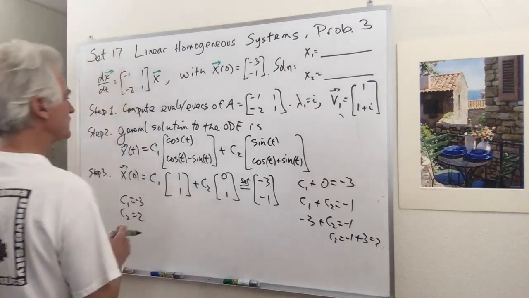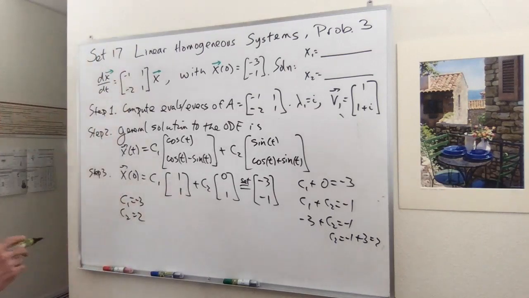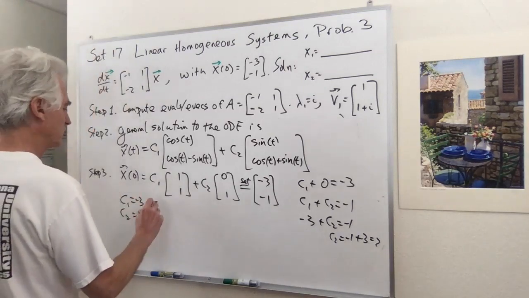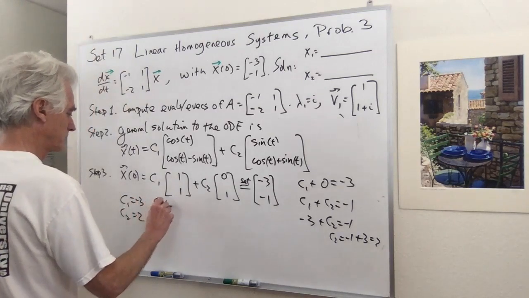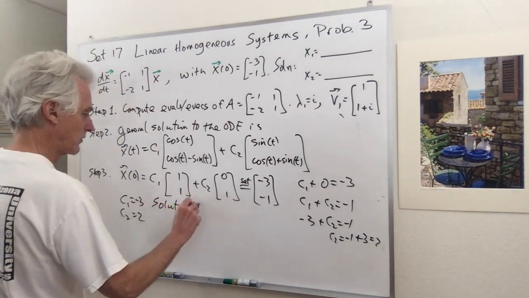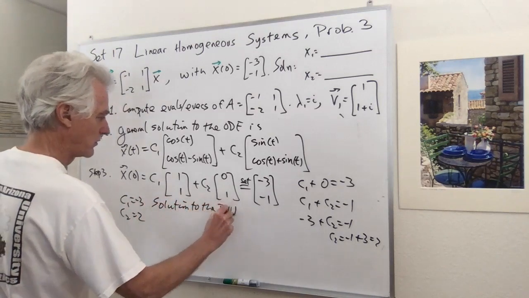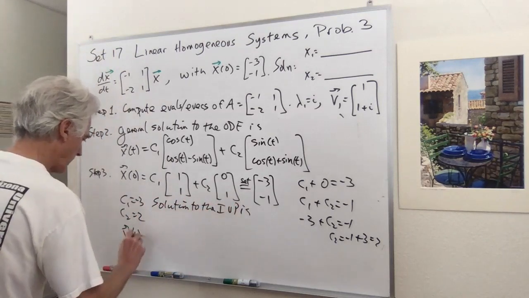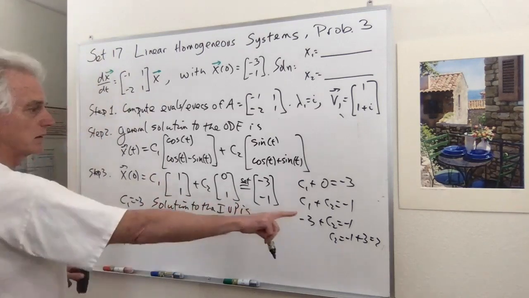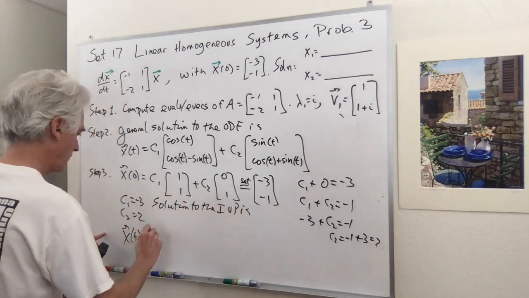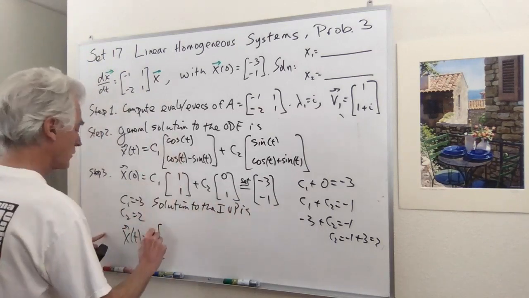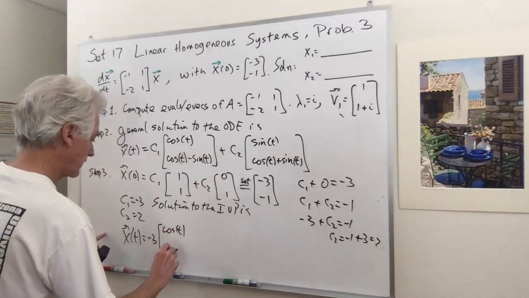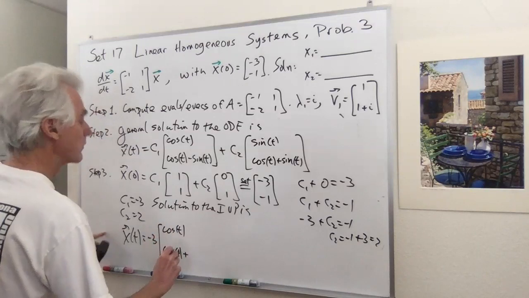So the solution to the initial value problem, x of t, is going to be -3 times (cos t, cos t minus sine t) plus... oops, that's a minus.